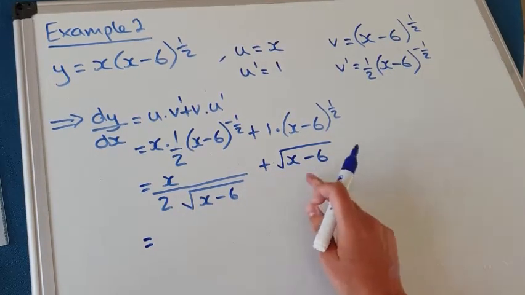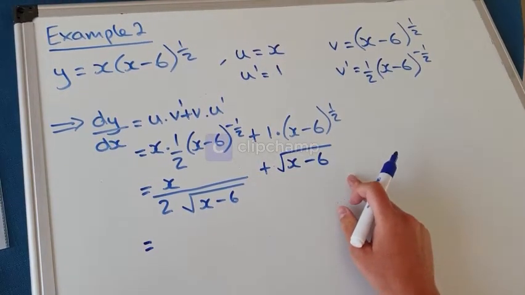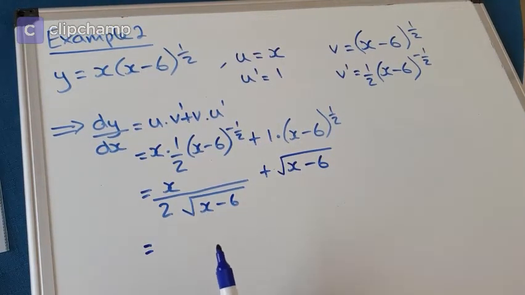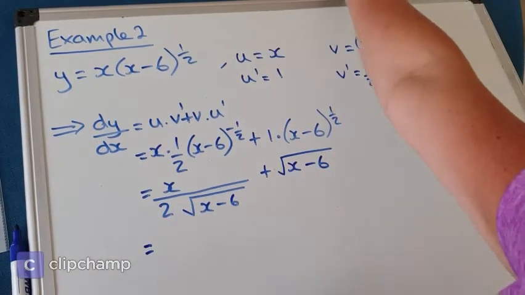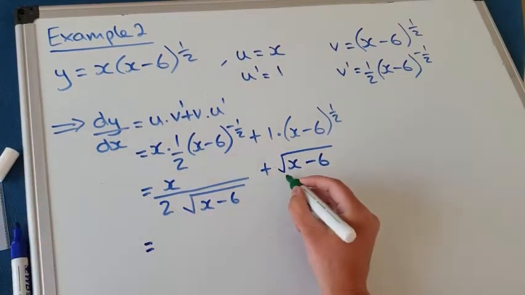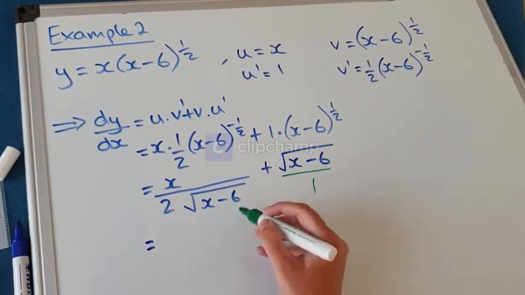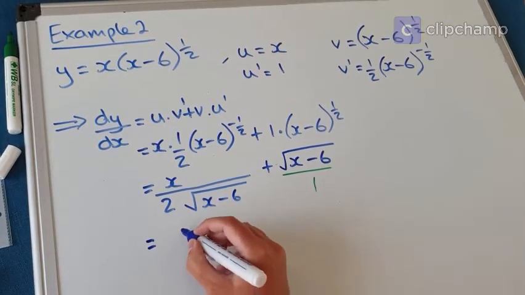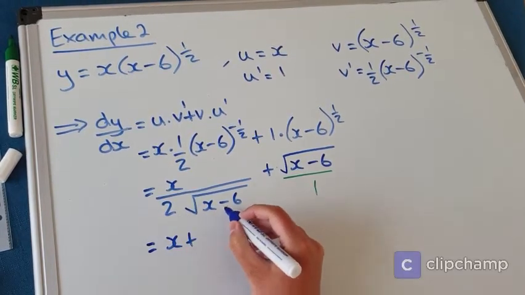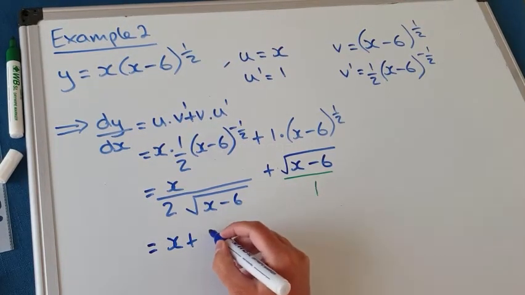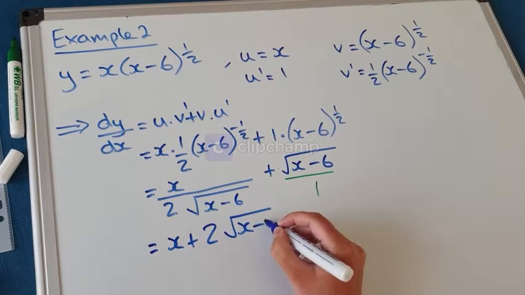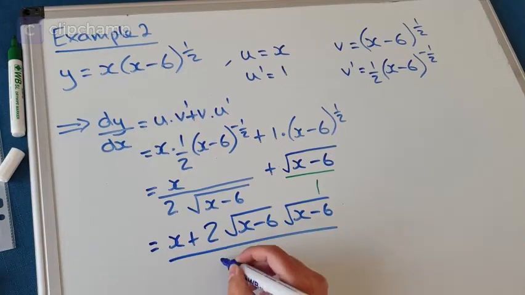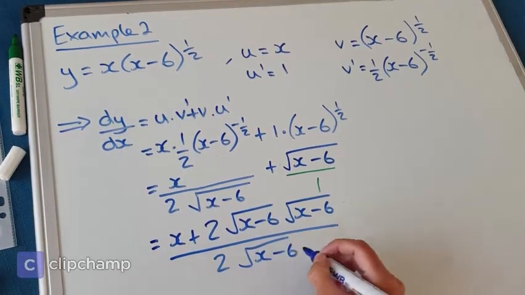So if I'm going to put over 2 root x minus 6 here, I would have to multiply the numerator by 2 root x minus 6. If you like, you could think of that as being over 1 just now. So we end up with x plus this 2 root x minus 6 times that root x minus 6, which is already there, all over 2 root x minus 6.